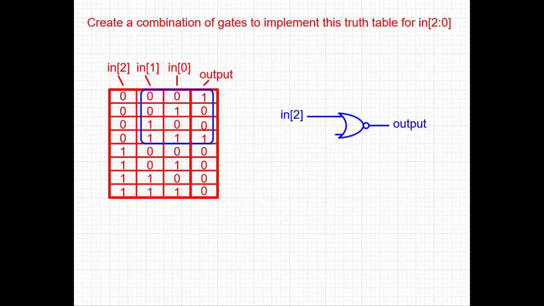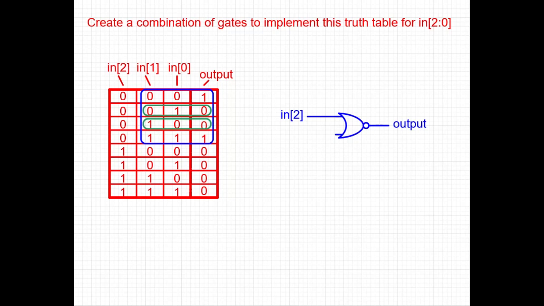We next notice something somewhat familiar about the first half. It looks sort of like an XOR, except we would expect that when the inputs are the same, we would get a 0. But this is a 1 output. And when the inputs are opposite, we should get a 1, but this is a 0 output.